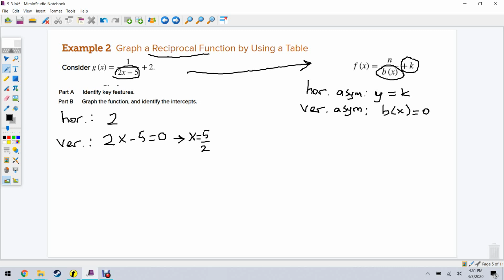That's the basic math that I skipped: add 5, divide by 2. So we have two things. The horizontal asymptote we show with y. Make sure you always show it with the correct letter. Horizontal asymptote is y. Vertical asymptote is x. So that's y is equal to 2 and x is equal to 5 over 2 here.